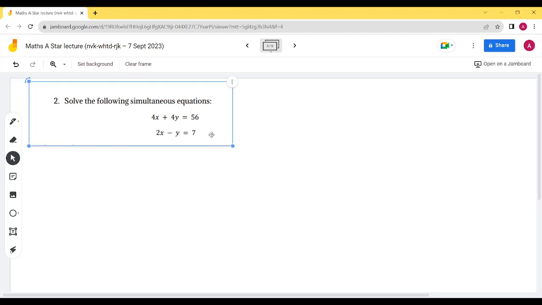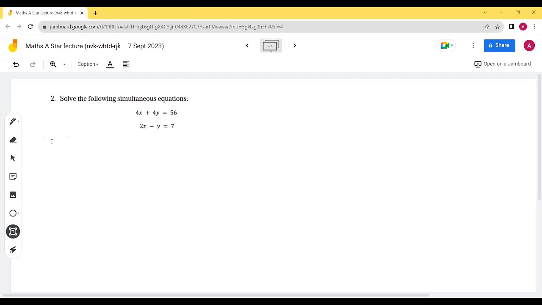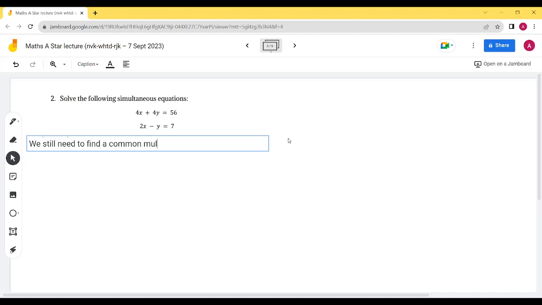So we've got here, solve the following simultaneous equations: 4x plus 4y equals 56, 2x minus y equals 7. And so in this case, we still need to find a common multiple of one of our variables, so x or y.